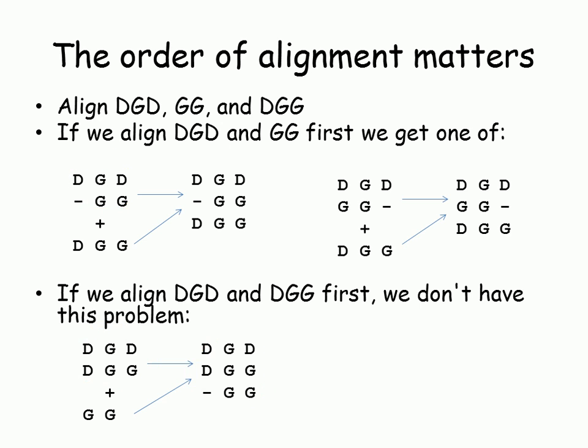So the order of alignments matters, and if you make a mistake early on, because things are set in stone, that error propagates to the end. It will mess up the way that you add the new additional sequences to your alignment.